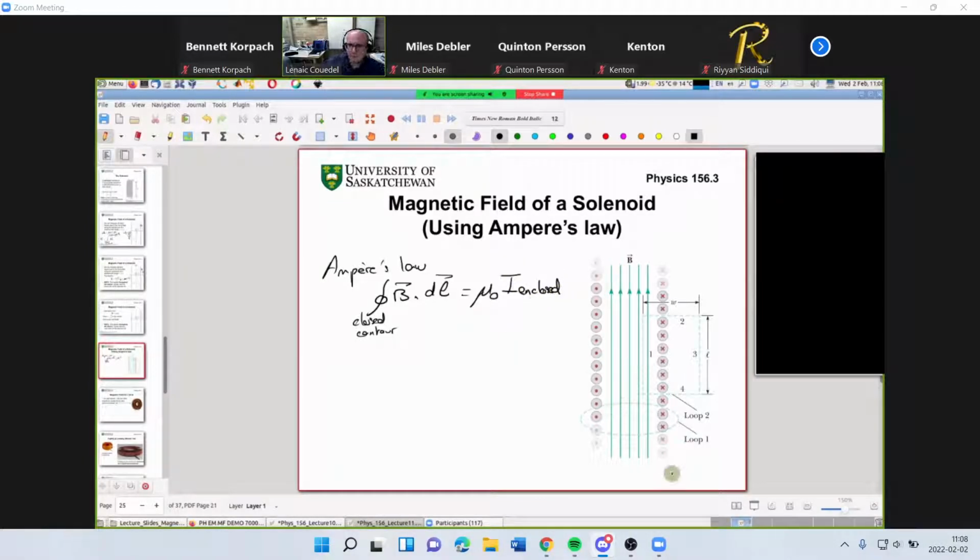Here's my solenoid, okay? Very, very long solenoid. I can consider it as almost infinite, and we know we have n turns per unit length.